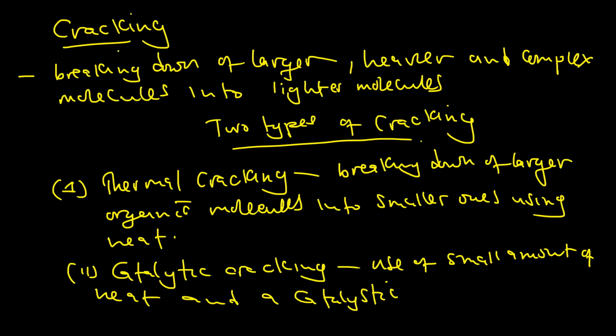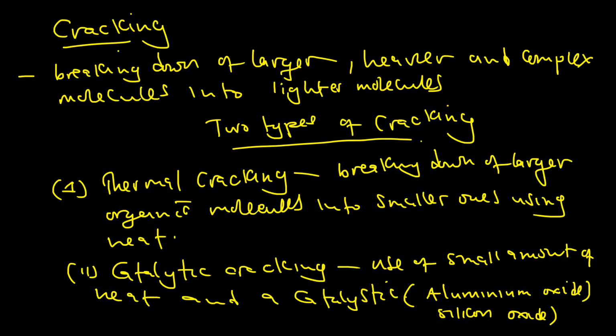Now, it is very important to know examples of a catalyst. An example of a catalyst here, you can use aluminium oxide or silicon oxide. Any of these can be used as a catalyst in this case.